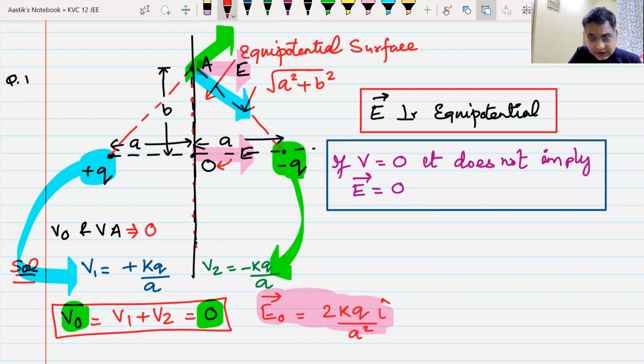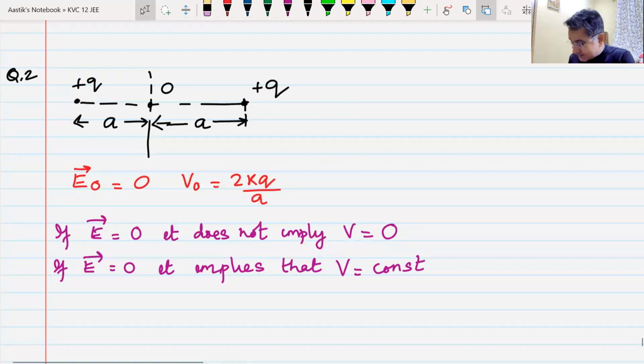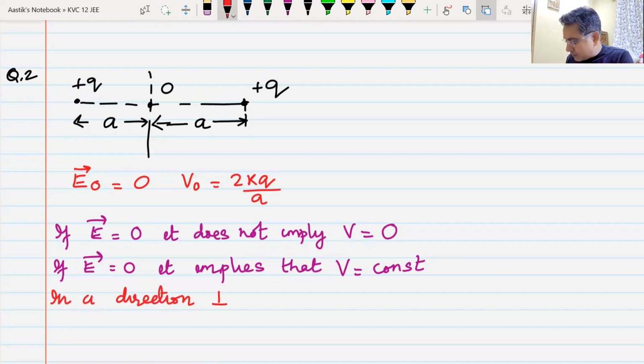From there, I can also write one more statement. In a direction perpendicular to electric field, what can you say about potential? Nothing, sir. If I say something, what will you do?